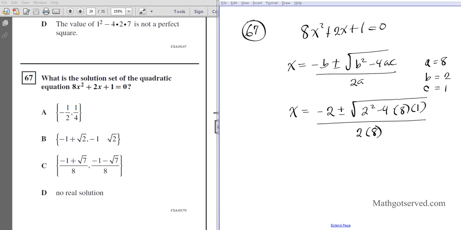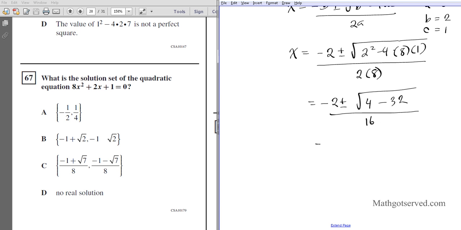Let's simplify this a little bit further. We have negative 2 plus or minus the square root of 2 squared, which is 4, minus 4 times 8, which is 32, times 1 is 32, over 2 times 8, which is 16. Simplifying further, we have negative 2 plus or minus the square root of 4 minus 32, which is negative 28, over 16.